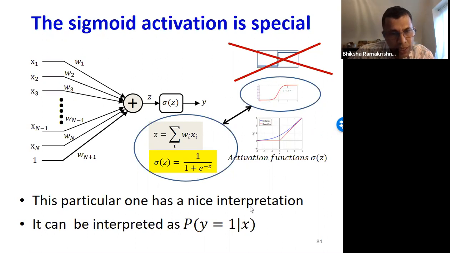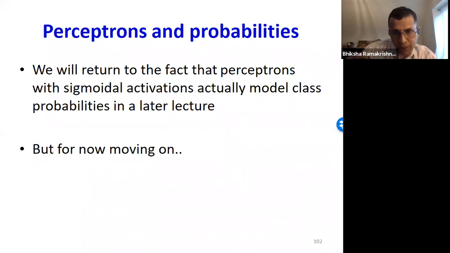This whole thing can be viewed as computing the a posteriori probability of y being 1 given x. We'll spend more time on that in a later lecture. But for now, we will return to the fact that perceptrons with sigmoidal activations actually model class probabilities.